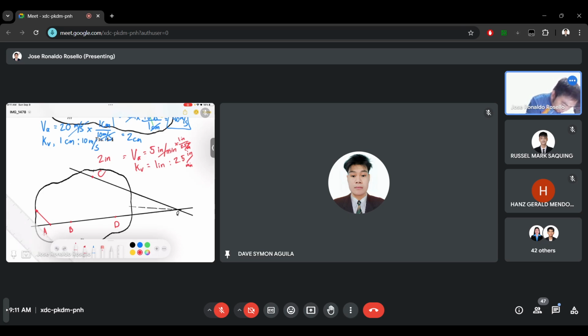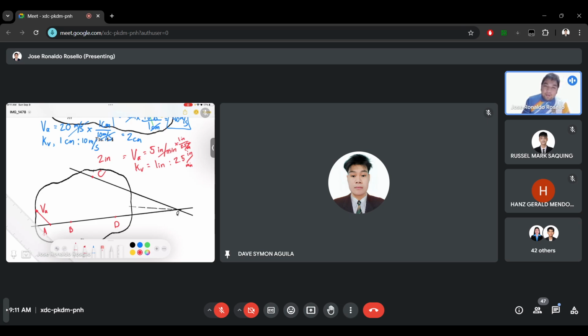Okay, anyway, that can be done. If this is VA, determine velocity B, velocity D. So in this example, we can also apply what we did earlier.